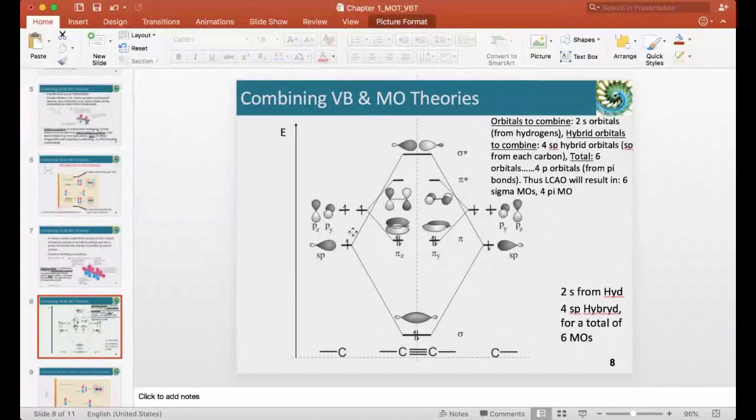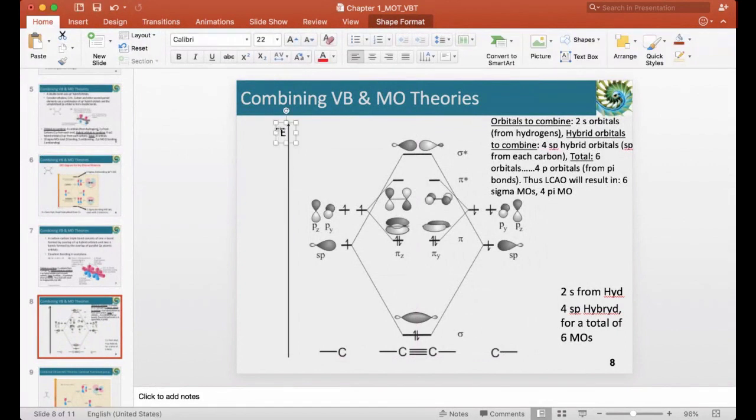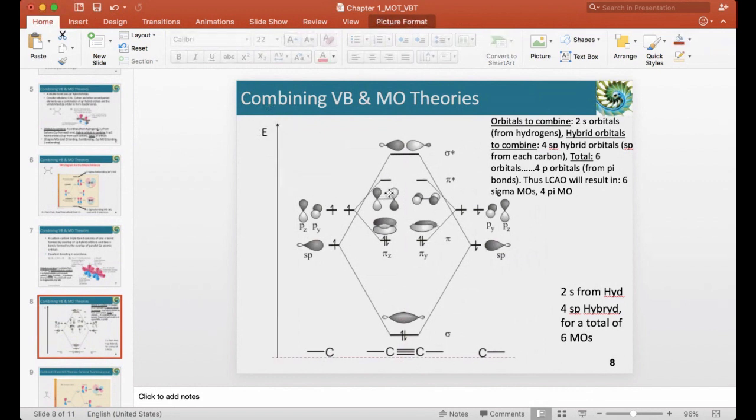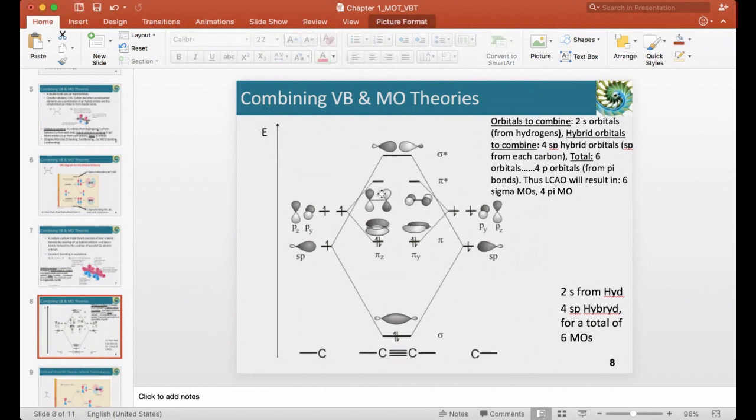And let's see if you guys can see the diagram well. Let me fix this graph so you can all see what's going on. Okay. So here is how the molecular orbital will look. But we are only showing here one of the sigma orbitals, which is the sigma sp, which is this one.